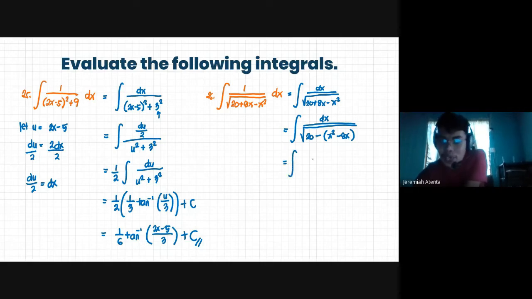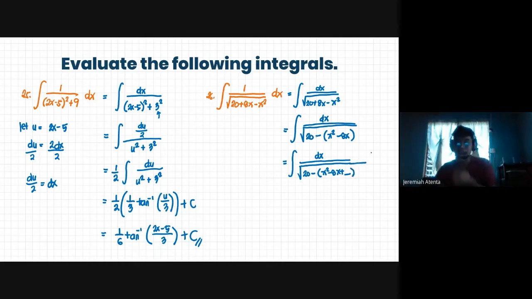Then after that, we should add something here para ma-complete yung square. Okay, so what should be added so that we will have a perfect square trinomial? Ano dapat yung i-add natin kay x squared minus 8x plus something there. Ayan. So what should be added? Okay? If nag-add tayo, dapat mag-a-add ka rin dito.